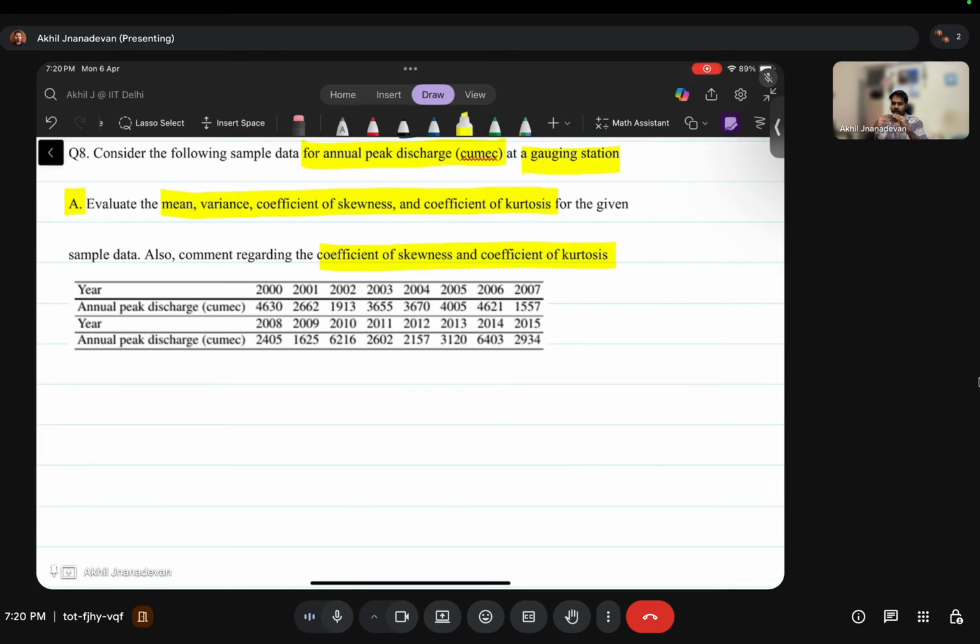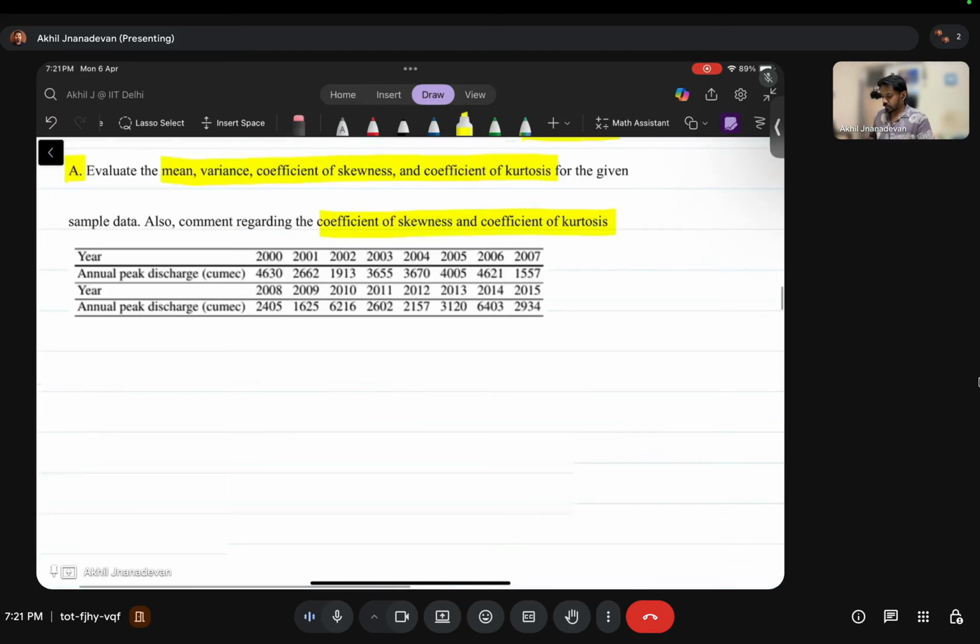We say the mean average discharge is this much, the variance of discharge is this much, the skewness is this much, that is whether it is positively or negatively skewed, and the coefficient of kurtosis, whether the distribution is a peaked one or a flat one. So this is how we describe a data set when we are given one. That is descriptive statistics, and that is what we are going to do here.